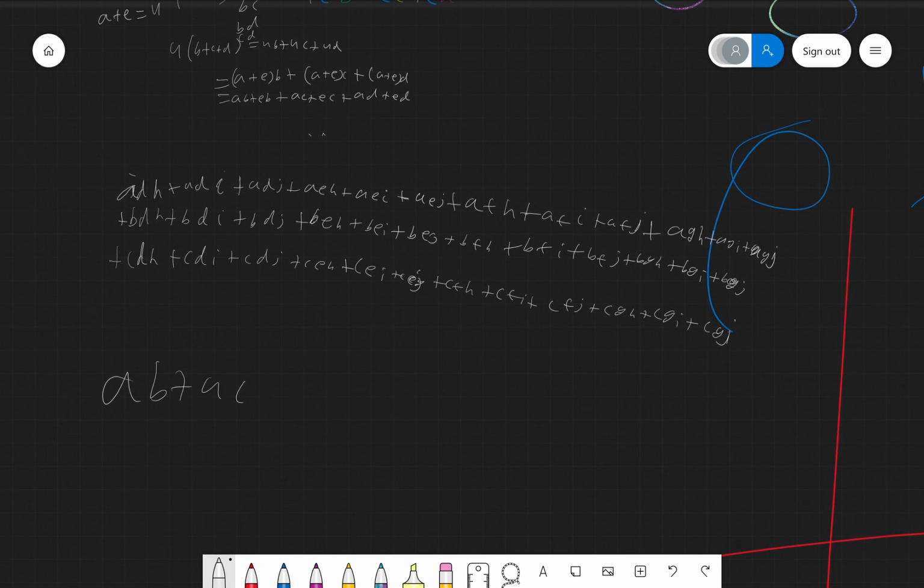So first I want to show you a diagram of the distributive property. Let's say you had something like A times B plus C, and then that's going to be equal to AB plus AC. So to get from there to there, you use expansion, and to get from there back, you use factoring.